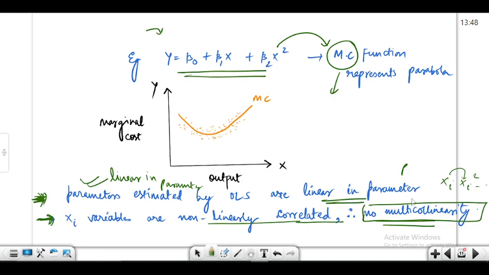They can have a non-linear relationship, which is not an issue for the model. We have discussed this, and therefore there will not be a problem of multi-collinearity. If you go back and see what multi-collinearity is, which I've explained in the previous videos, you will understand more exactly what this means.